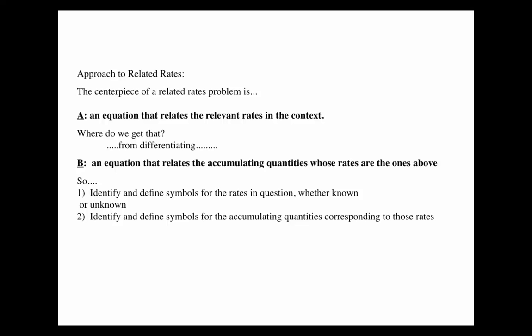Use variables precisely. Once we have those accumulating quantities defined, we want to set up B, the equation that relates the accumulating quantities, and then we do our implicit differentiation with respect to t to get A. That's our goal. Our goal is A, the equation that relates the rates.